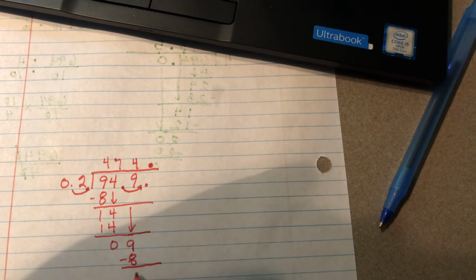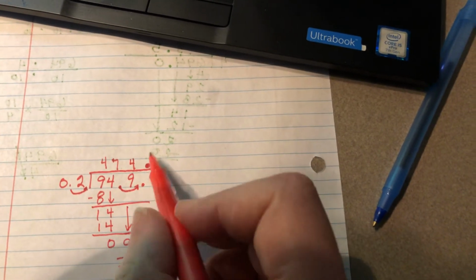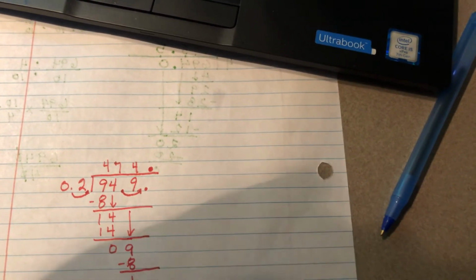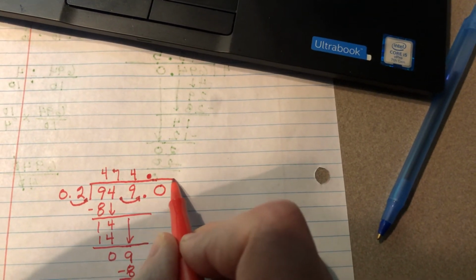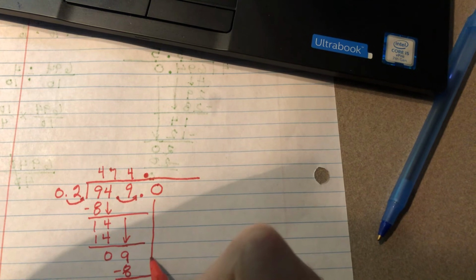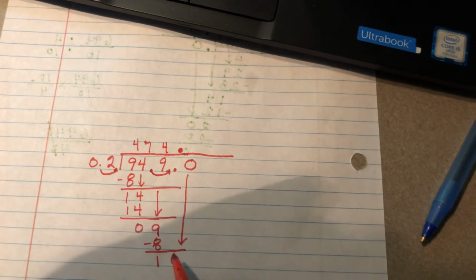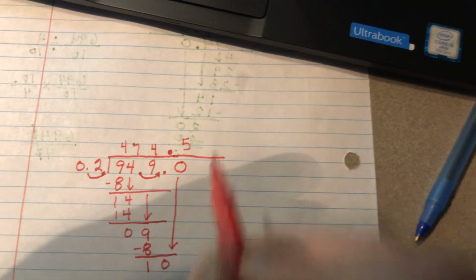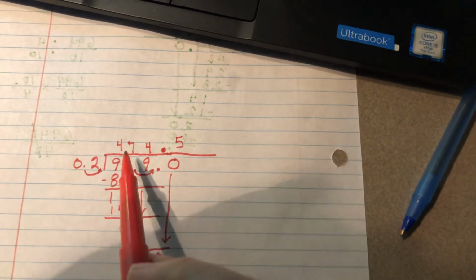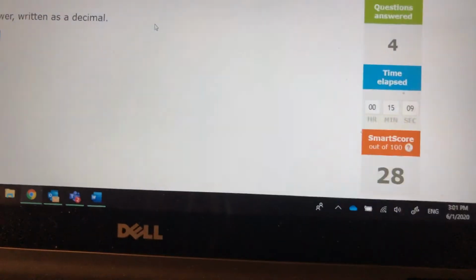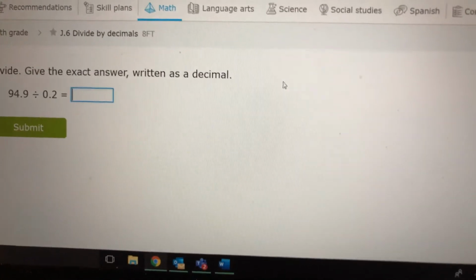Subtract. We get 1. And now we're into the decimal place here. So we're going to put a 0 in the tenths place and bring that 0 down. And now we have 10. How many groups of 2 go into 10? 5. Subtract. And we're golden. 474.5.